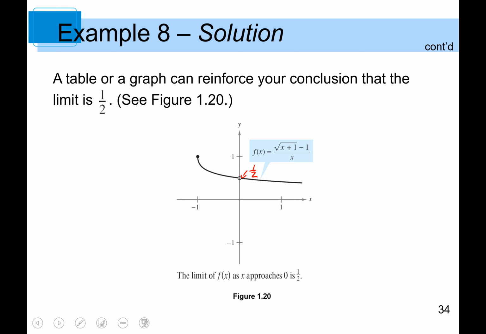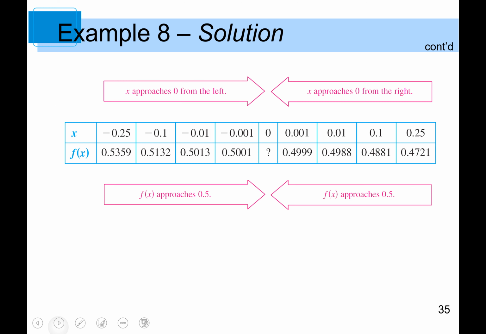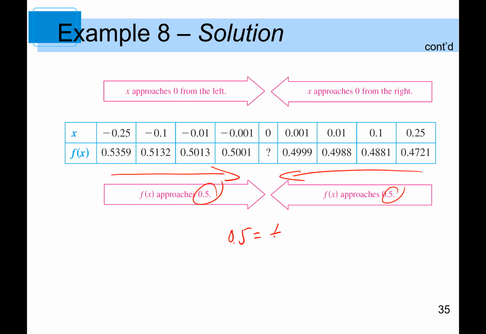And that's a graph of this function. You can also create a table like that. As you can see, when x approaches 0 from the left, the limit approaches 0.5, and when x approaches 0 from the right, the limit approaches 0.5. So that's why 0.5, half, is the limit.